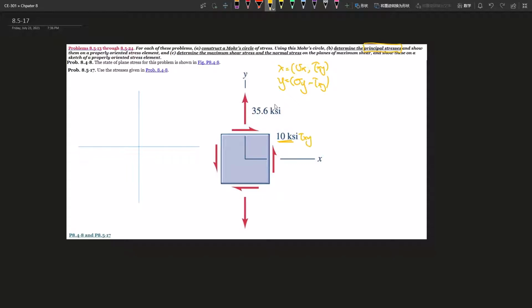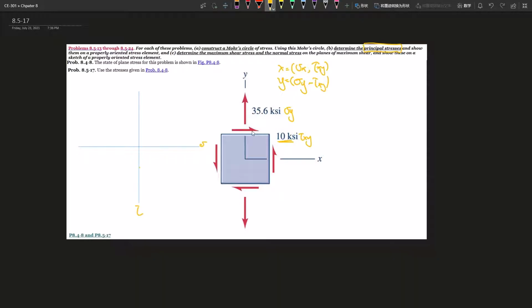This is in the y direction, going outwards, so it's positive. Clearly there's no tensile stress going in the x direction, so this is 0, right? By looking at this, we know this is 0 and this is tau.